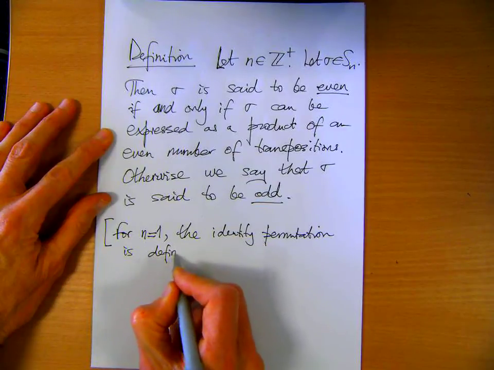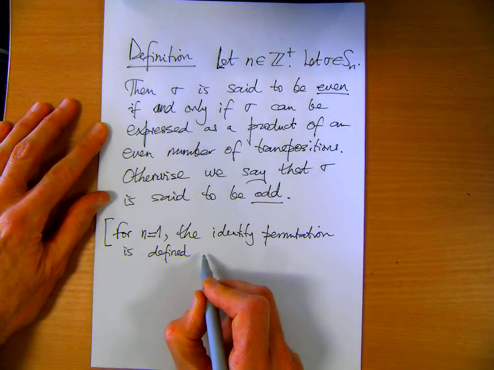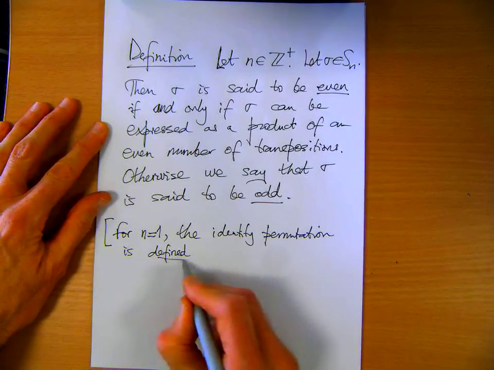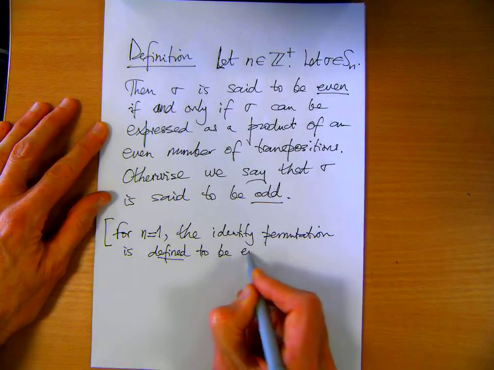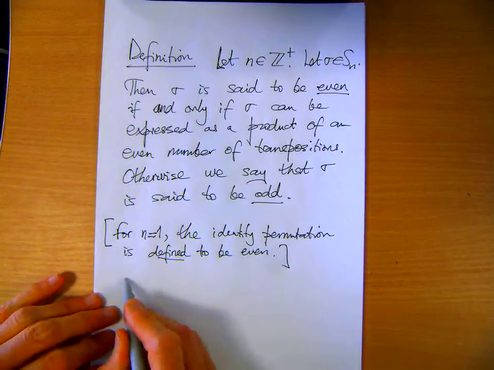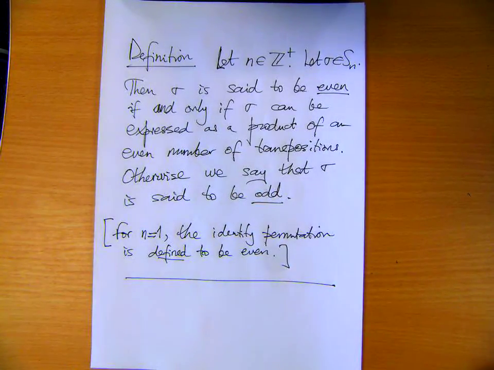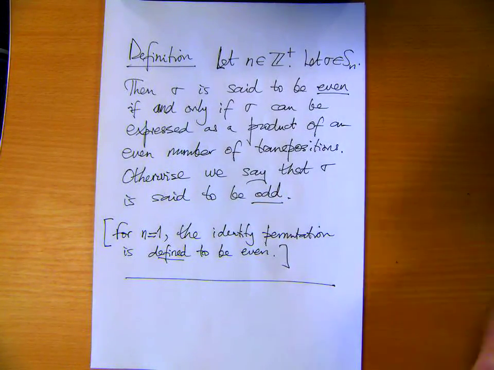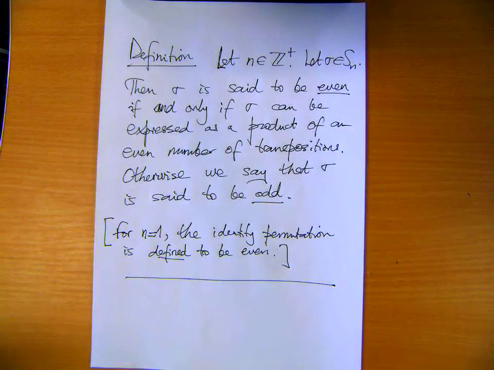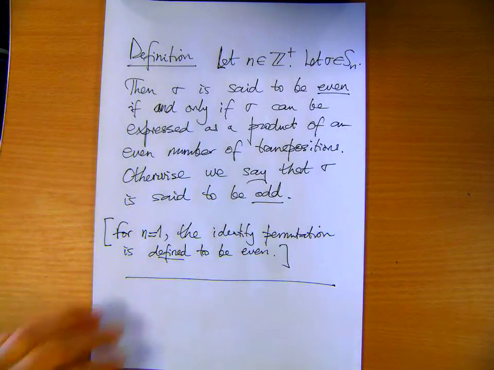But since we're not very interested in n equals 1 usually, that doesn't often arise. Okay, so we're now partitioning our permutations up into even and odd.